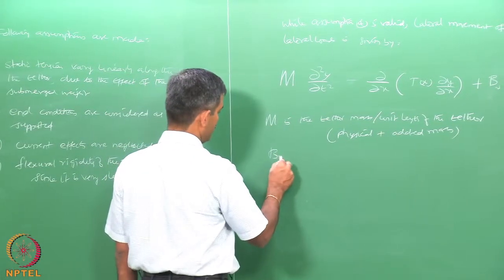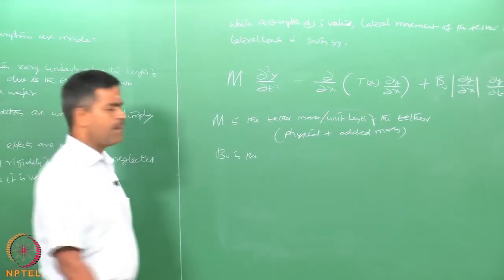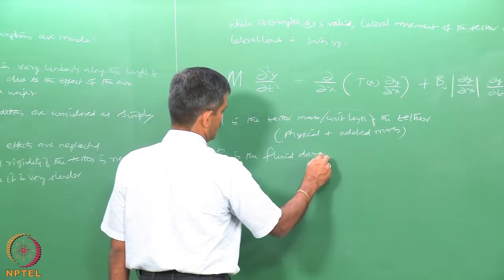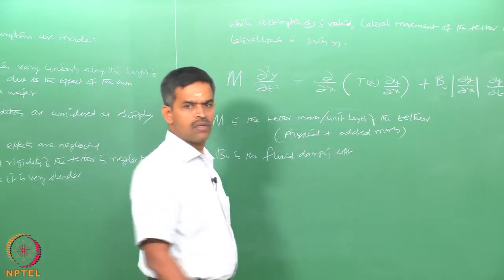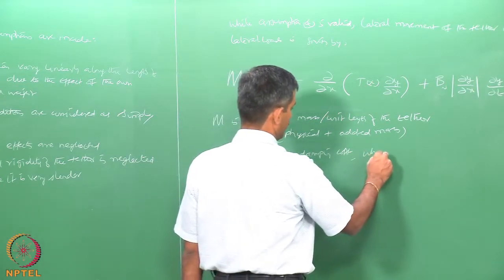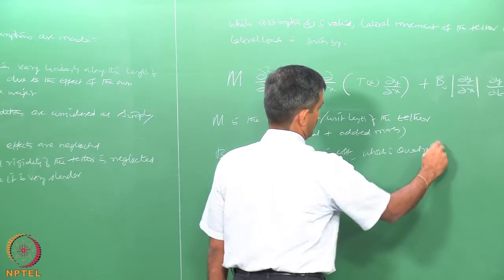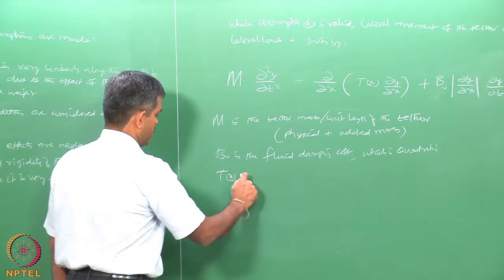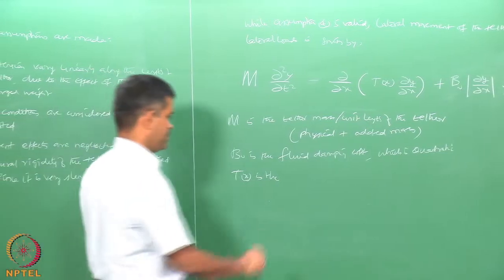Bv is the fluid damping coefficient, which is quadratic. Tx is the total tension.